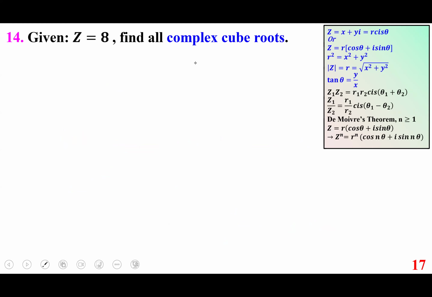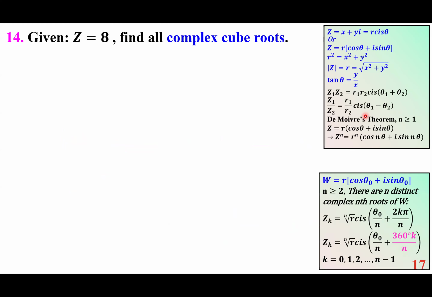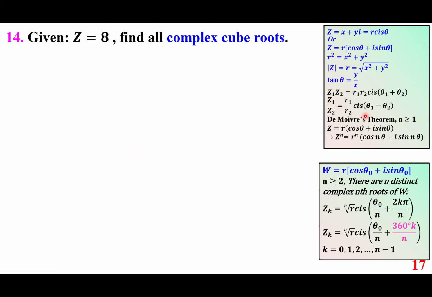Given z equals 8, find all complex cube roots. So we have all of this, and we are going to add the roots. If w is r cis theta sub 0, for n larger than or equal to 2, there are n distinct complex nth roots of w. So you take the nth root of r, cis theta sub 0 over n plus 2k pi over n, and you use k to be 0, 1, 2, all the way to n minus 1.